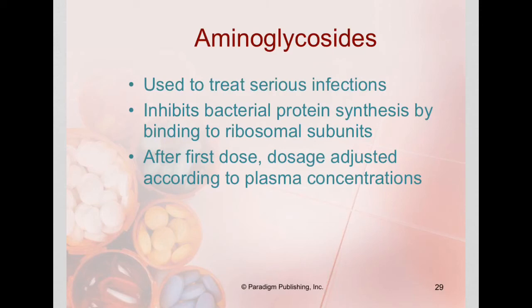They can adjust the dose then. Table 4.13 is on page 87, and it has the most commonly used aminoglycosides. The ones you'll use a lot are gentamicin and tobramycin. Sometimes you'll use amikacin and streptomycin.